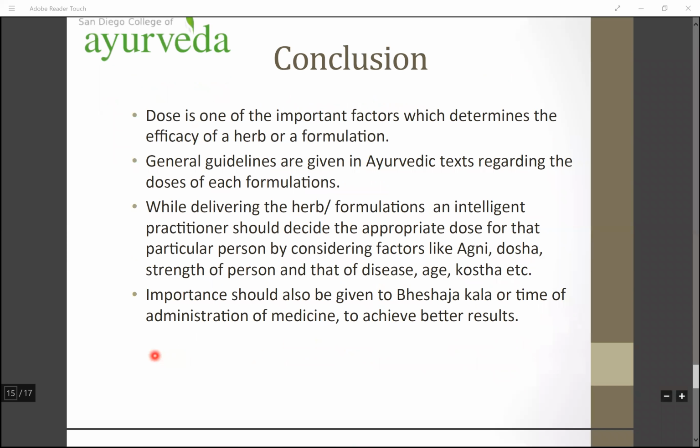For any medicine that you prescribe, you just need to ensure that you're not doing something against your client's body, against your client's way of digesting food and medicine, and against the way your client's body works, right? So understanding your client, the dosha, the age, all that becomes the most important before you decide what dosage to prescribe, right?